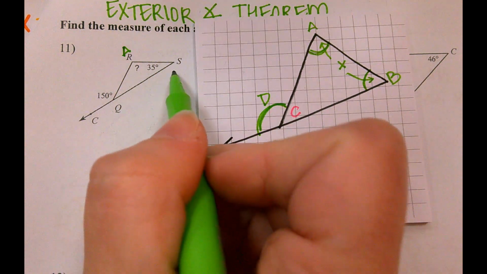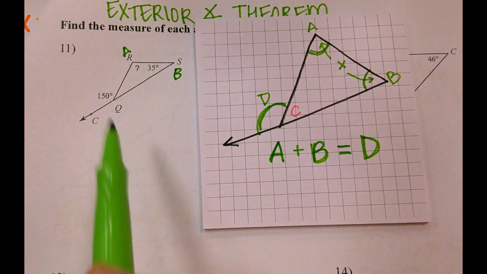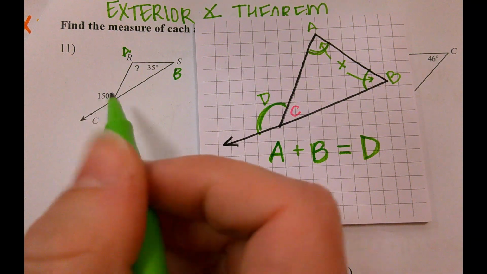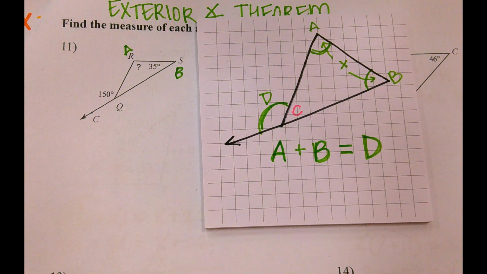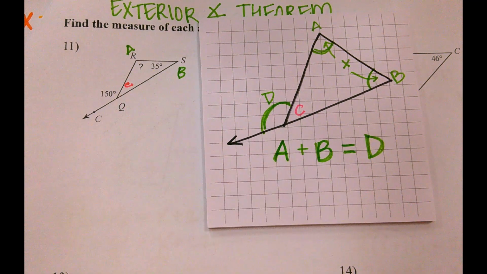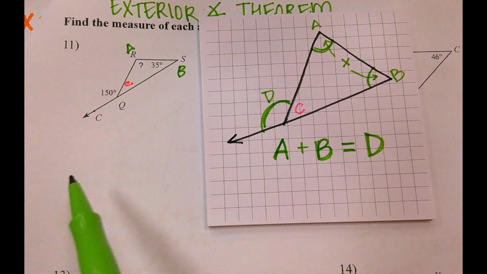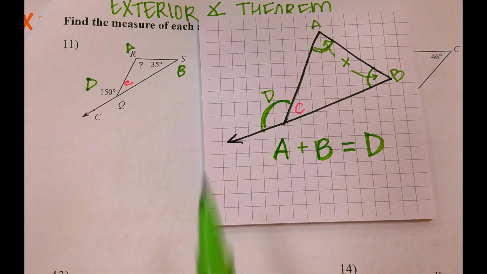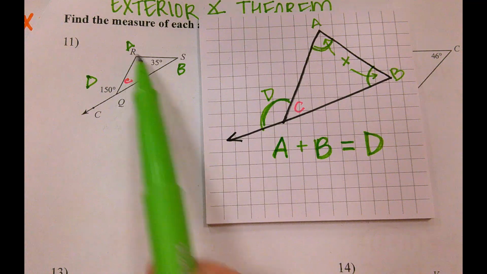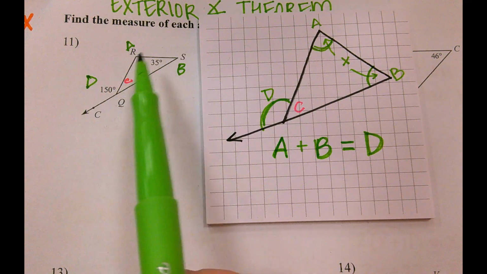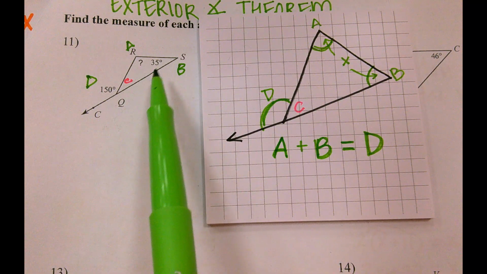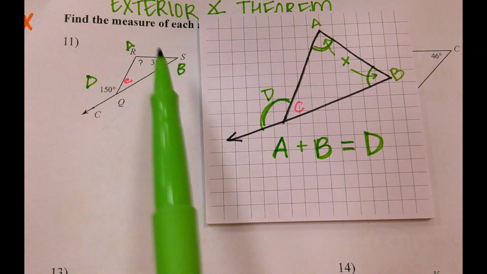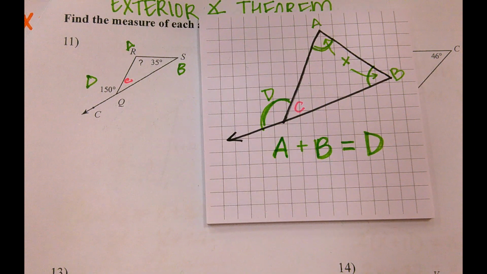Yeah, that'd be like B. And this angle that's not really labeled Q, that could be C. And then 150 would be D. So I want to use these 3 values, the question mark, 35 degrees, and 150 degrees. I want to use these in an equation. What equation could I write?